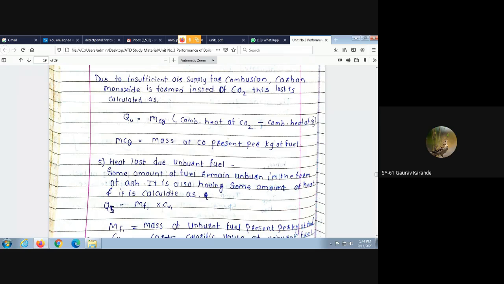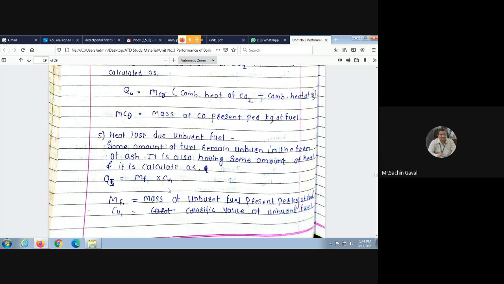Good. Okay, then the last loss I will now tell. The last loss is heat lost due to unburned fuel. We are making all the provisions and taking all the care that fuel should be burned completely, but still some fuel remains unburned in the form of ash, and that ash we can collect in the ash pit.